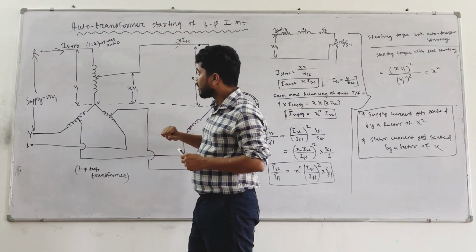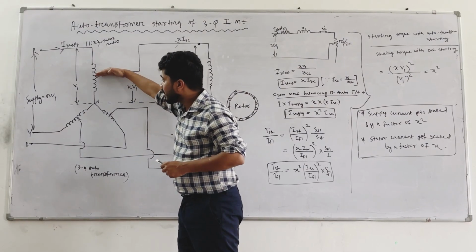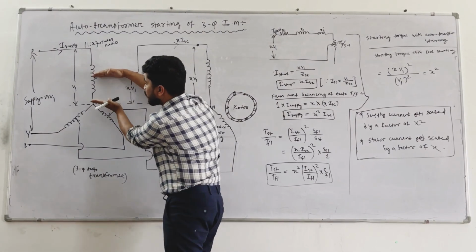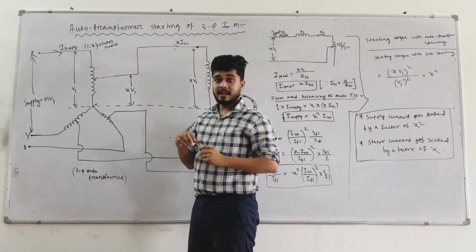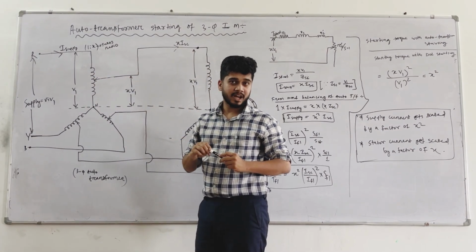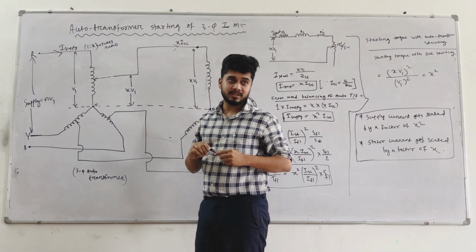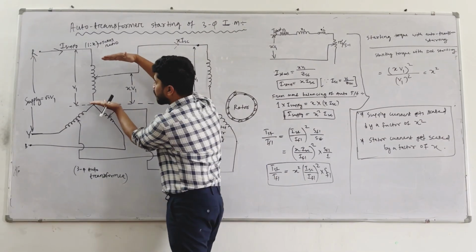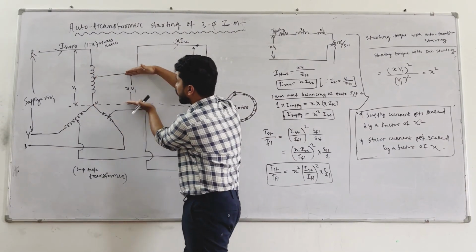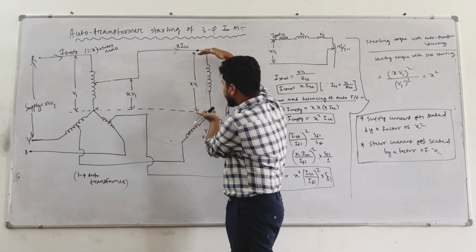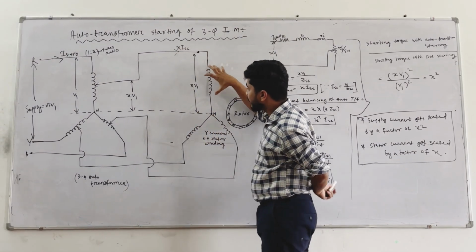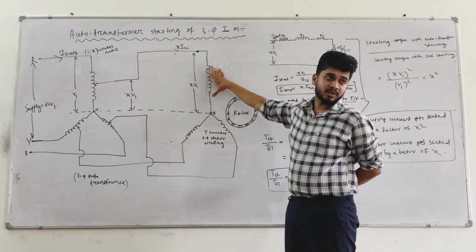Now tell me, this is a variable point and this is a neutral point. What is the voltage between this variable point and neutral? It is x times V1. I have already told you in the reactor starting method. So from neutral to this variable point, the voltage is xV1, and this voltage xV1 is given to the winding of my starter.